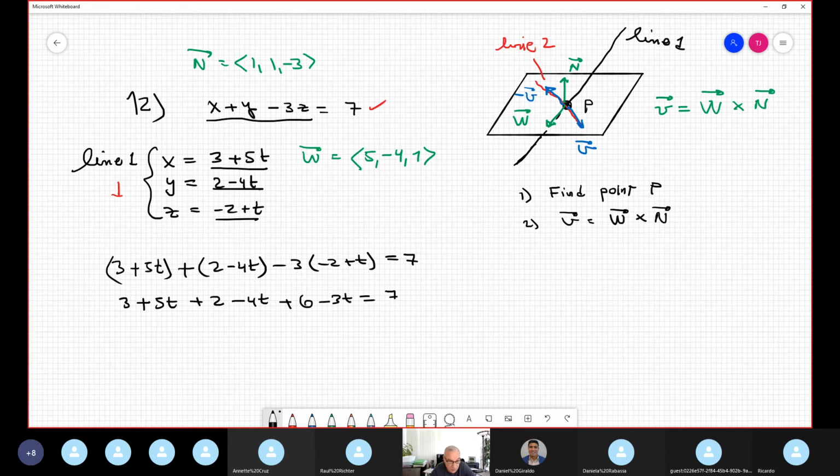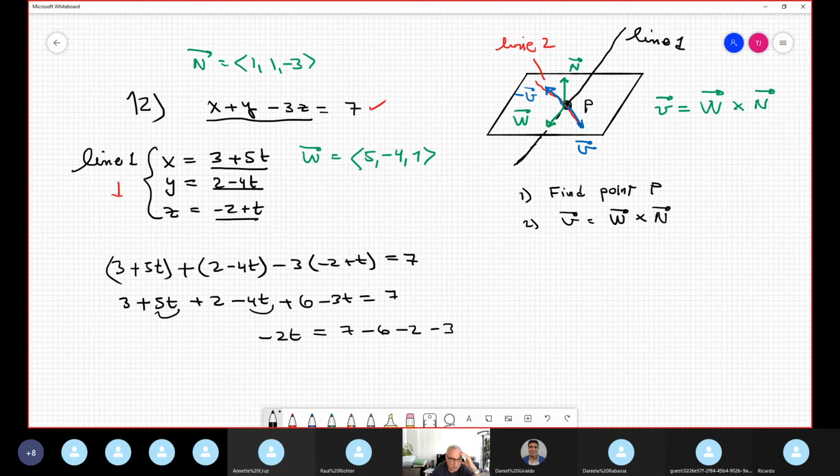Solving this equation: this is t, this is 5, 1 minus 2, no? Minus 2t equals, let's say, 7 minus 6, minus 2, minus 3. This is 9, this is 1, this is 1 minus 2, minus 6.